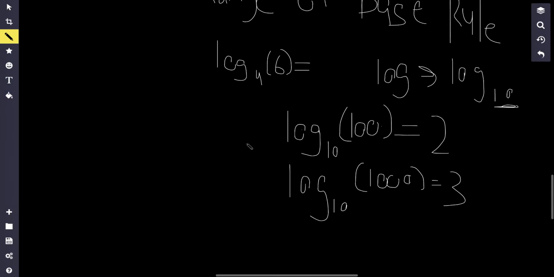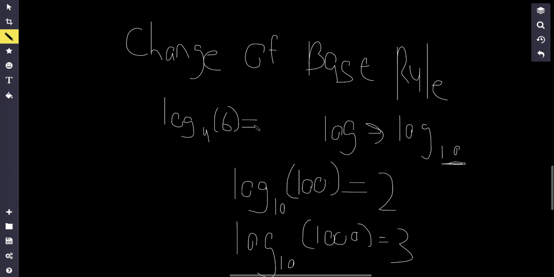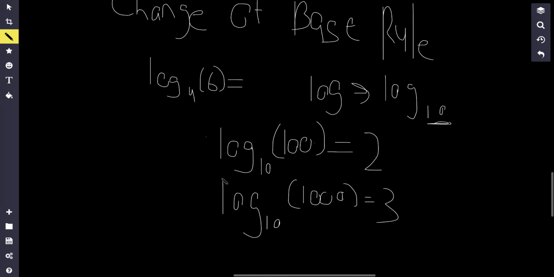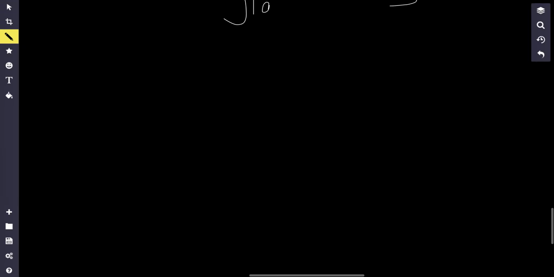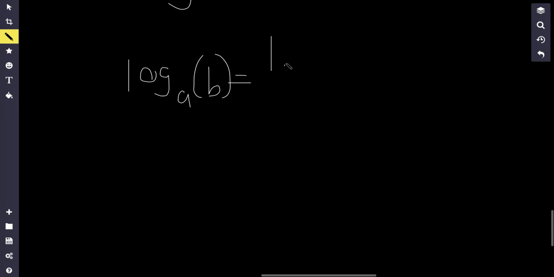Now, what the change of base rule does is it allows you to write logarithms in any sort of base. So this is the change of base rule: if I have log base a of b, I can rewrite this as log base c of b divided by log base c of a.